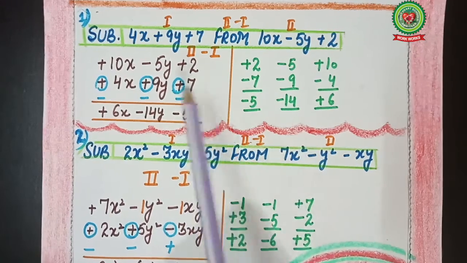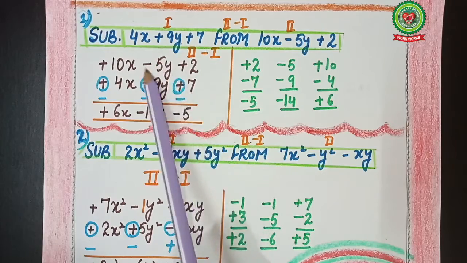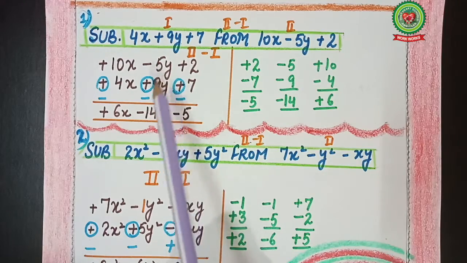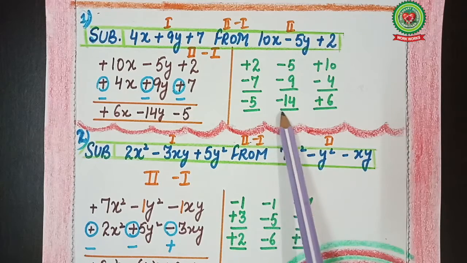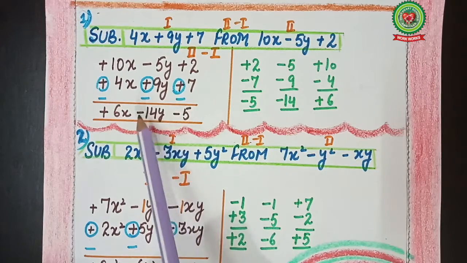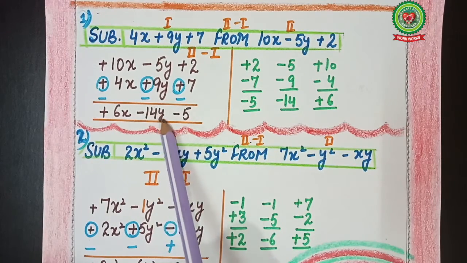Simple. Next, minus 5y and minus 9y. Again, you will take the numerical coefficients: minus 5 and minus 9. Minus sign with minus, add the numbers, and here you will get minus 14. You will write minus 14y along with the variable y.